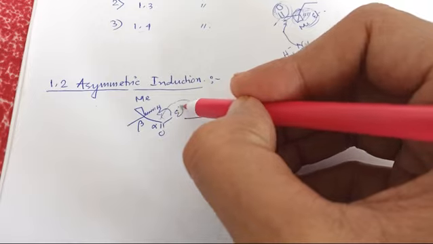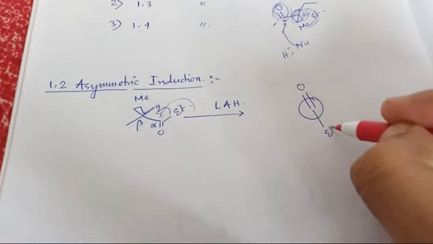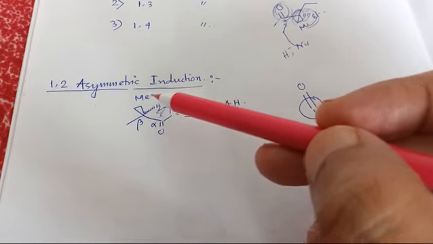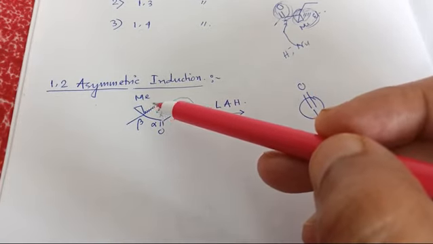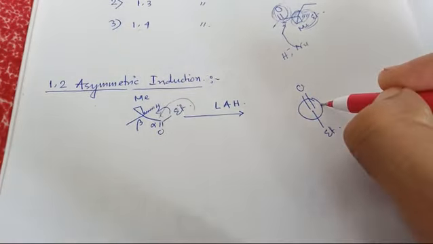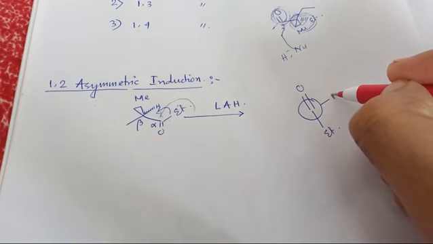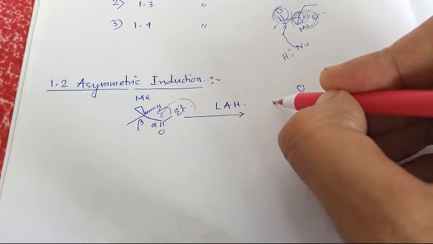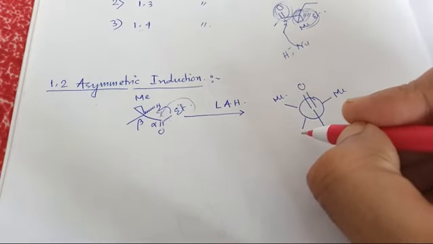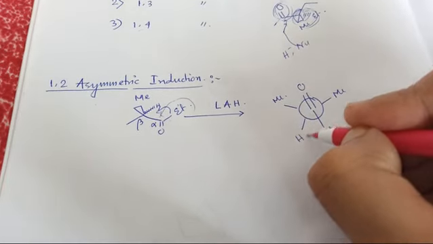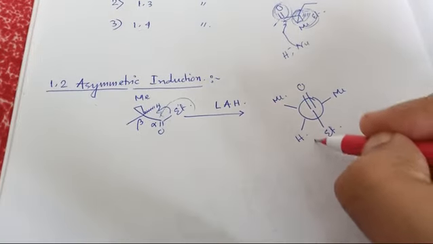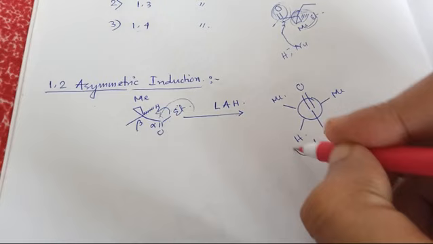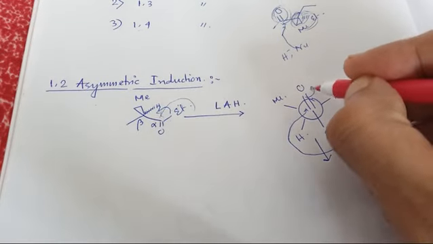It is ethyl. Make it ethyl, and the methyl is above the plane. So there is also a methyl. And after addition of LAH, H minus will attack here and go down.